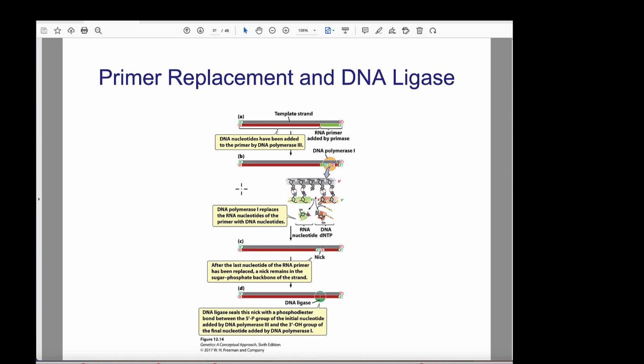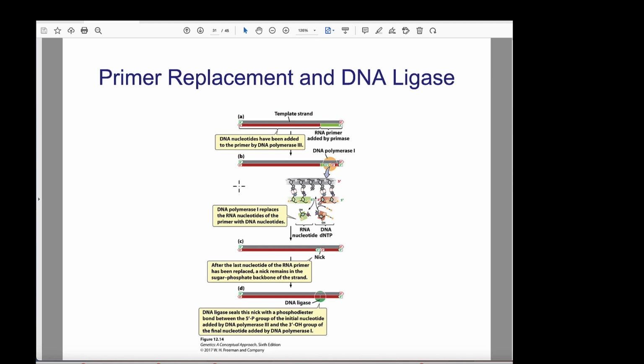Okay, so another thing that I want to point out to you is what happens when replication is finished and you still have this RNA primer on the new strand of DNA. That RNA primer has to be replaced. So this is why you have exonuclease activity, because that RNA-based primer, which is just 10 to 12 nucleotides, has to be removed. And then the gap has to be filled in by DNA polymerase 1.